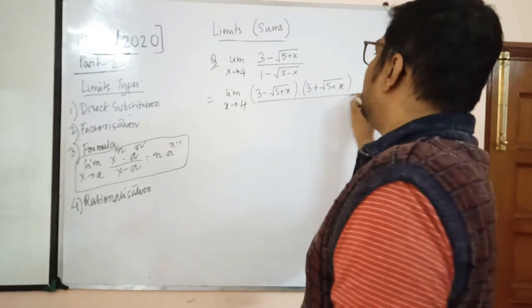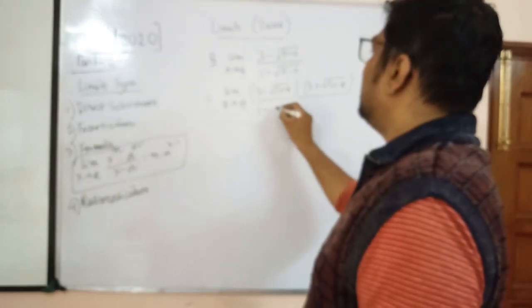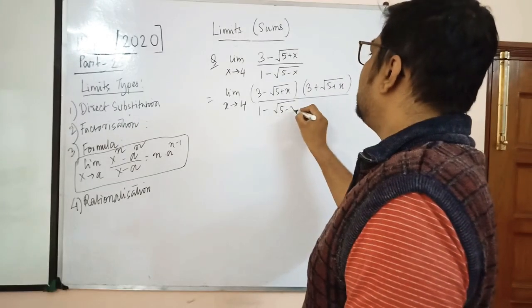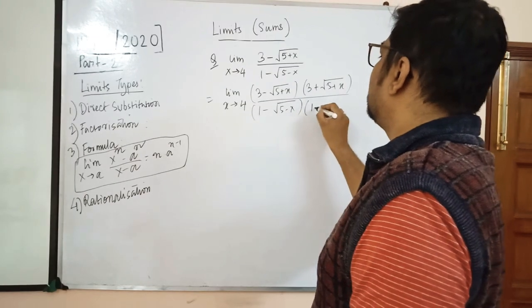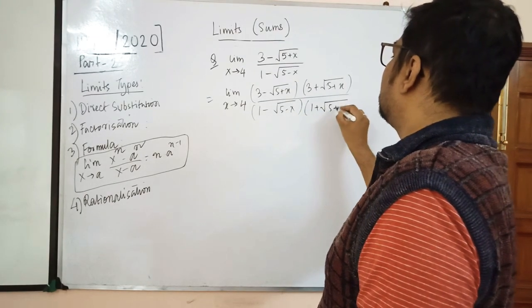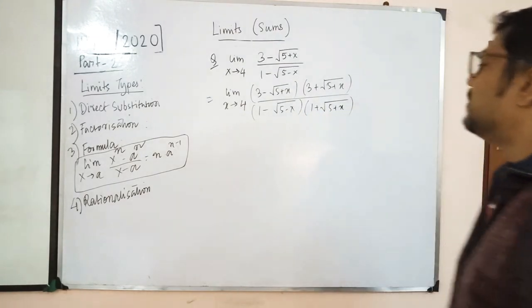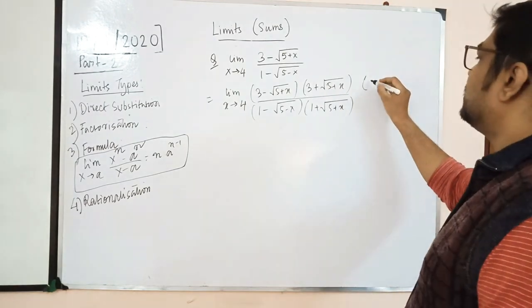A plus B, and this one also, so double rationalization. Whatever I have written over here, I need to write over here also.